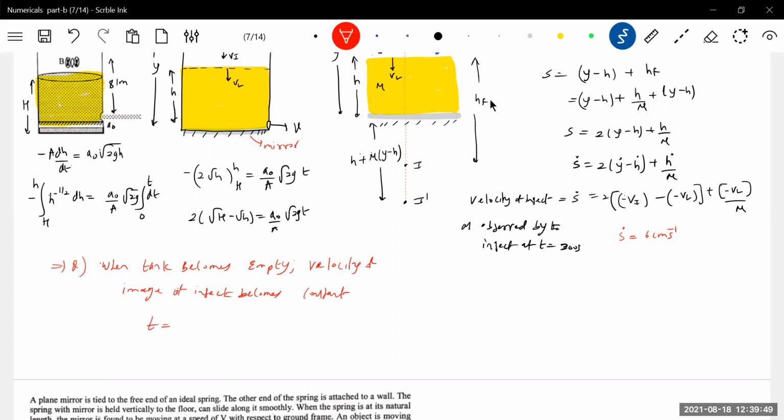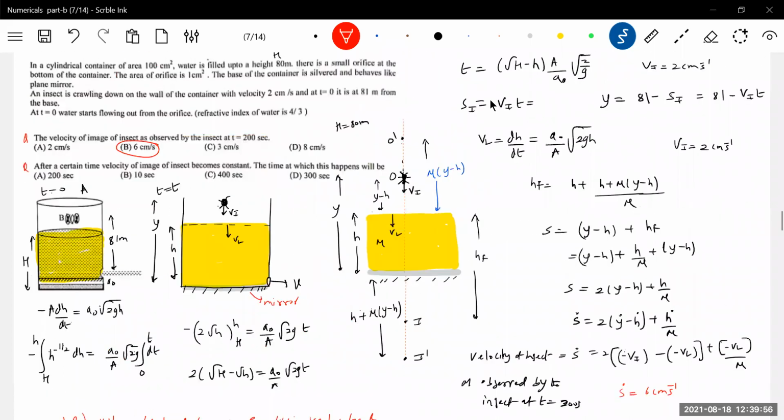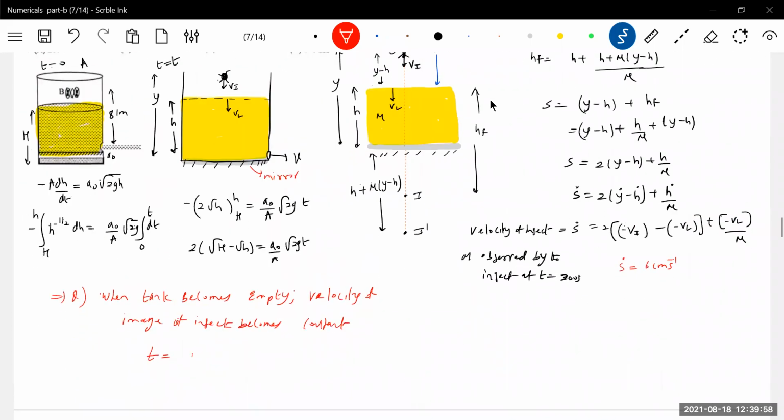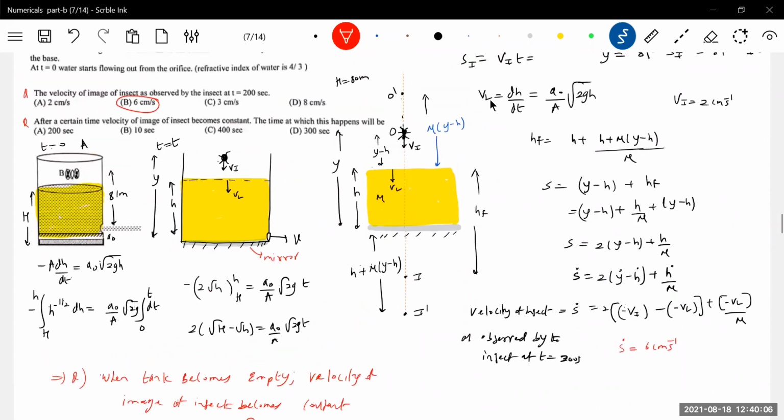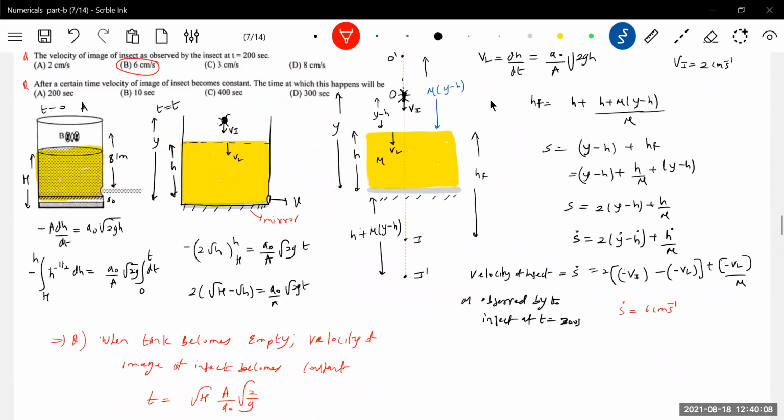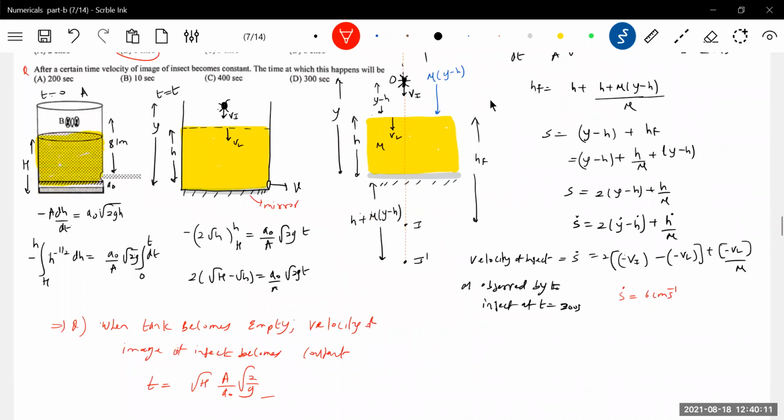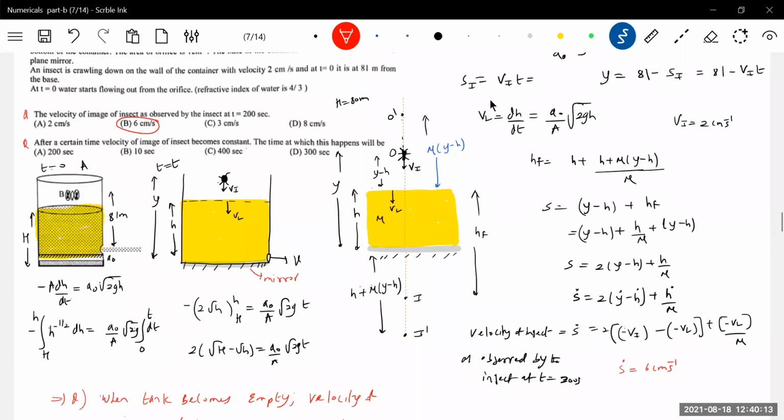So what is that time? That time you can calculate. Here we have the equation root h, a by a naught. And the answer will be this one.